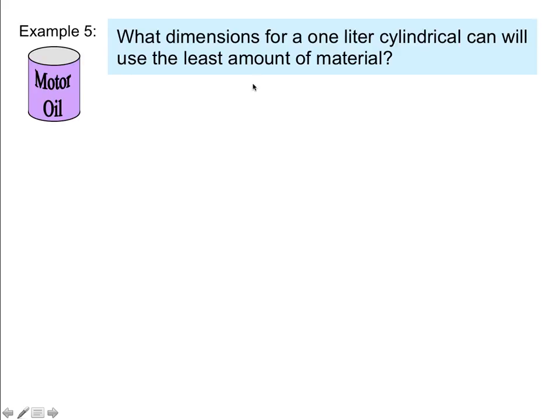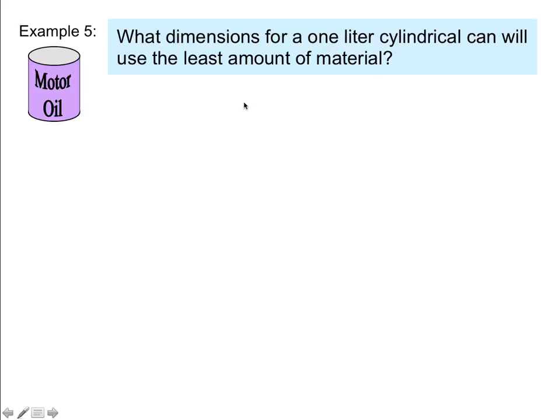And so if you are a manufacturer that would make these cans, you might have this conundrum to deal with, and that is finding the dimensions for a 1 liter cylindrical can that will use the least amount of material. So to maximize your profit, you want to make sure you control your costs. And since more steel would cost more money, if we can use as little as possible, we can minimize that cost.